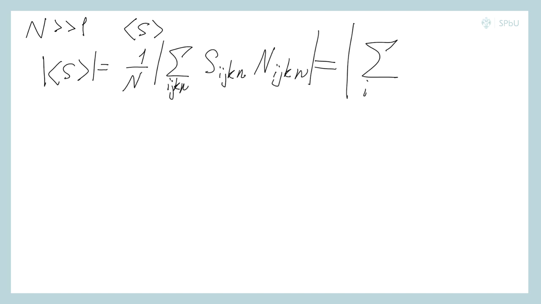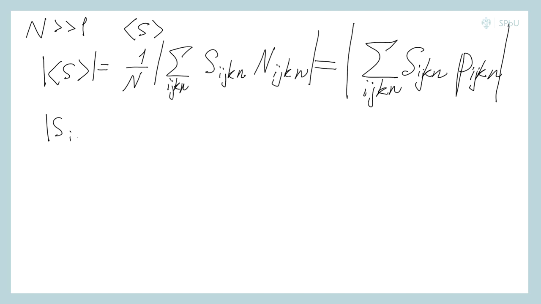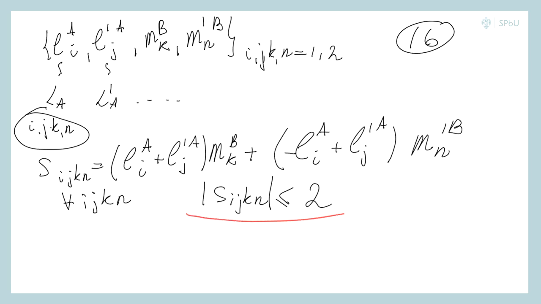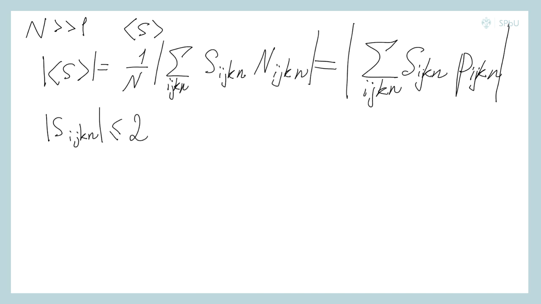Here we get the sum over i, j, k, n of S_ijkn and P_ijkn, where P_ijkn is the probability for S_ijkn to appear after a measurement. Since the magnitude of S_ijkn is less than or equal to 2, as we learned before, right here, we can write the following.